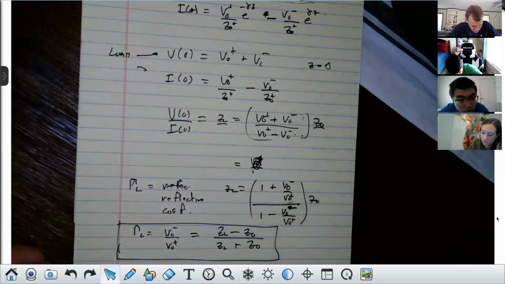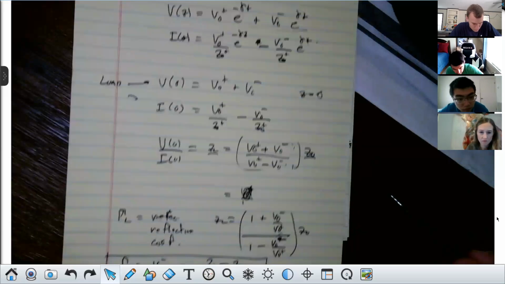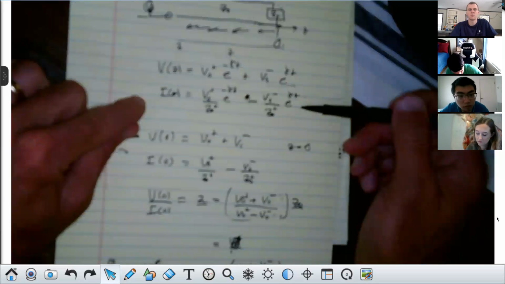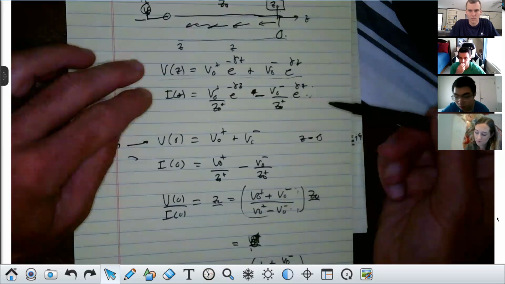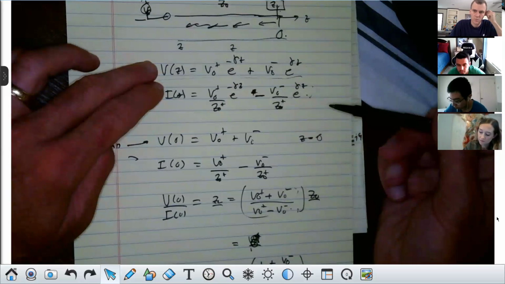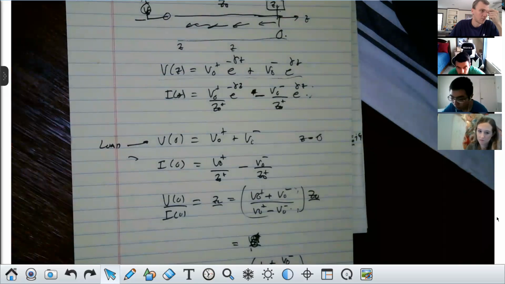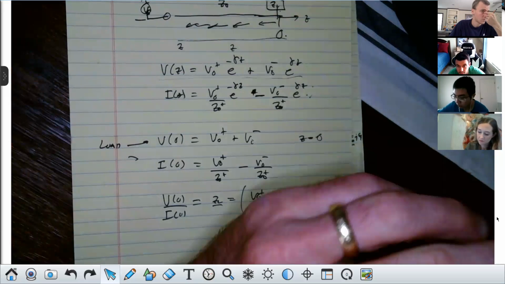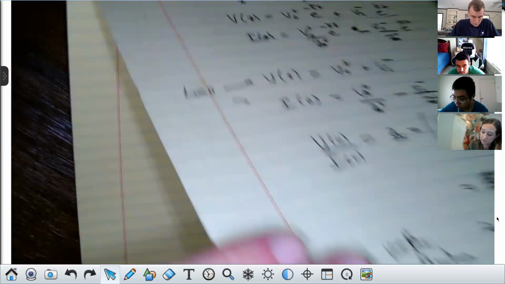Now, remember that this reflection coefficient is based on these two equations solved at the load. But if you wanted the ratio of the positive traveling versus the reflected wave anywhere on the line, this is on page 50.